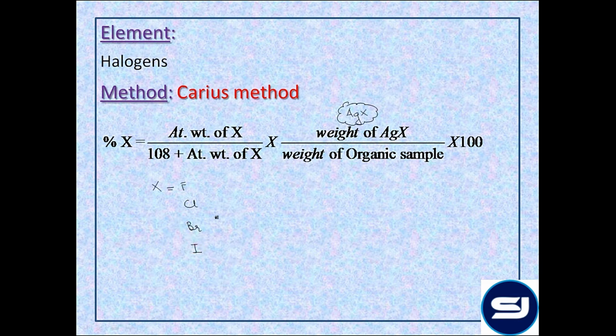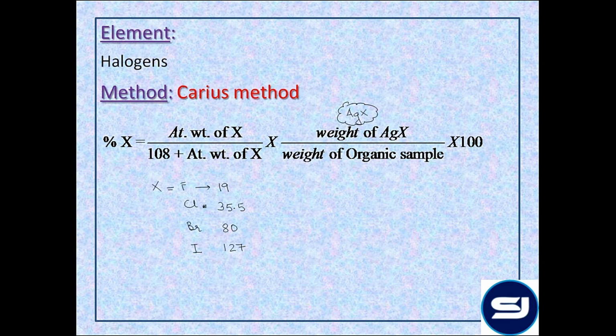So, if the atomic weights of halogens are not given, we are supposed to remember them. Fluorine atomic mass is 19 gram per mole. Chlorine is 35.5 gram per mole. Bromine is around 80 and iodine is 127.